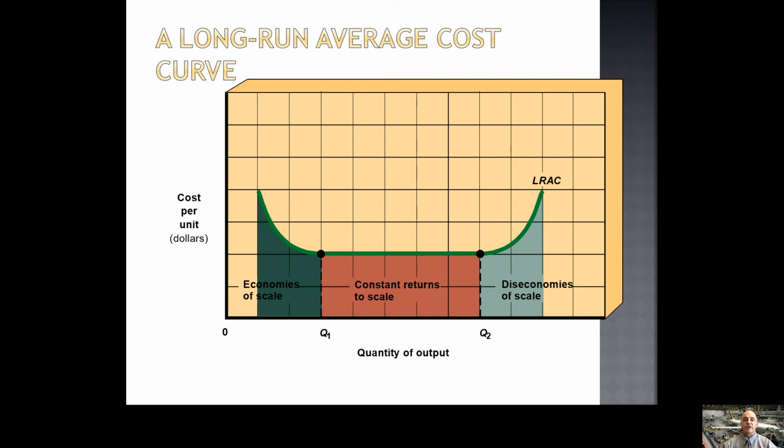But then they experience an area called constant returns to scale. Getting bigger doesn't really change their average costs. And then they might experience an area where getting bigger actually increases their costs, and that's what's known as diseconomies of scale. And this is the long run perspective.